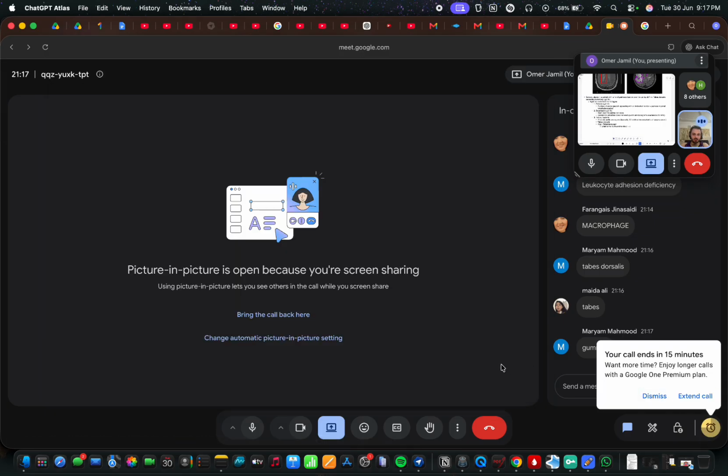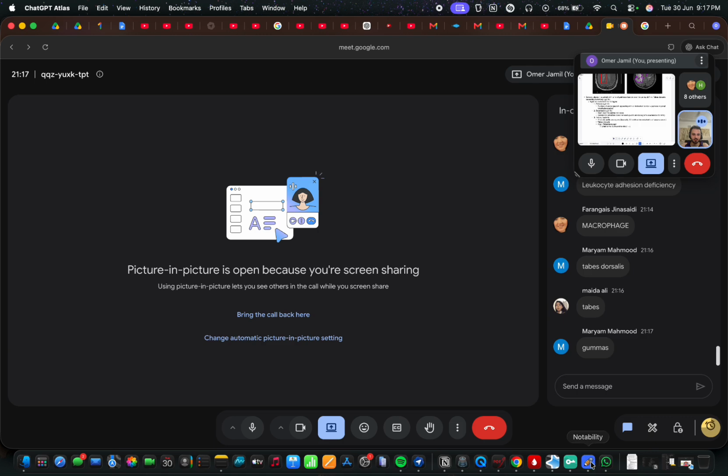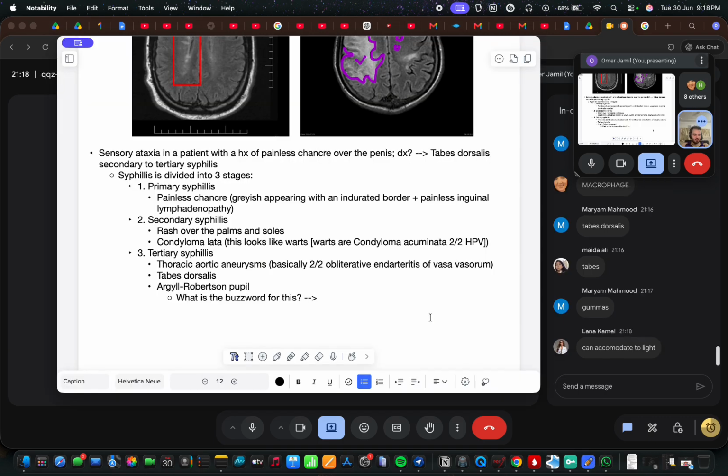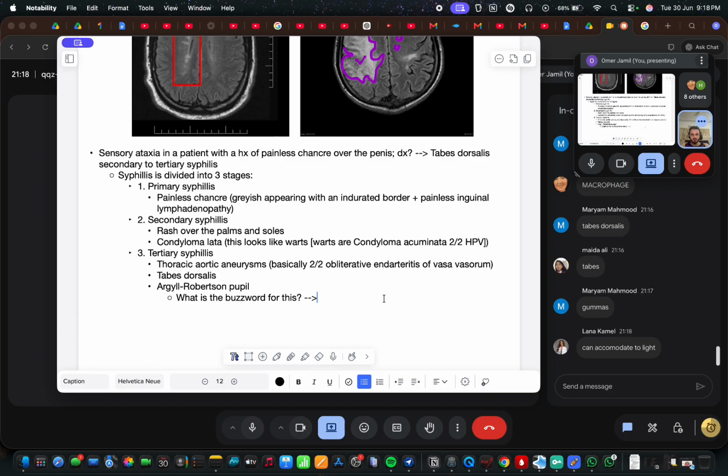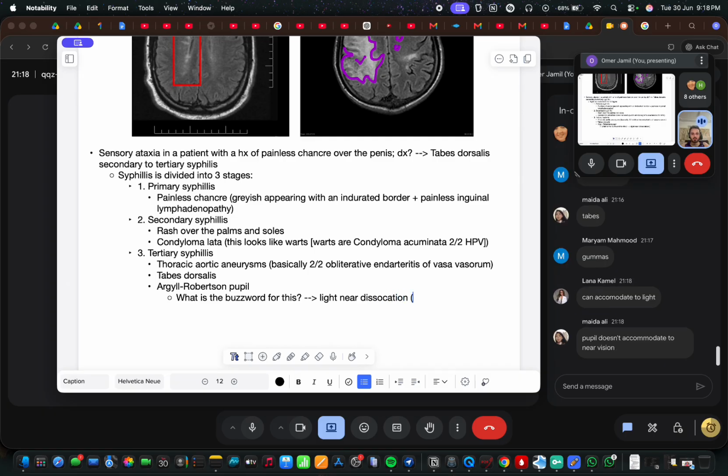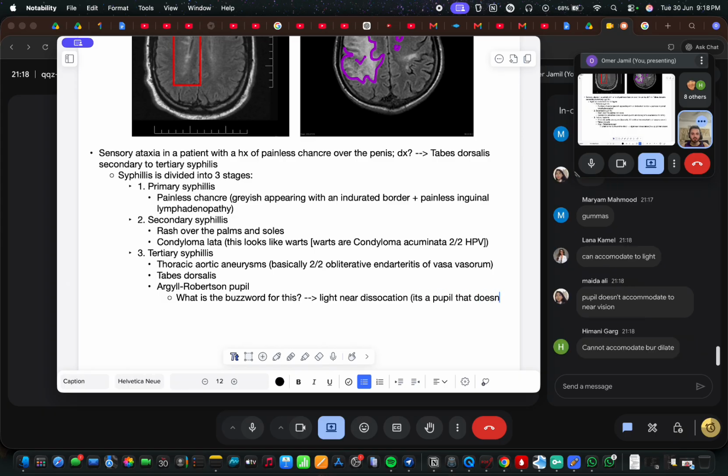Any ideas here? It's called light-near dissociation. You got it flipped. It's a pupil that doesn't react to light but reacts with accommodation.